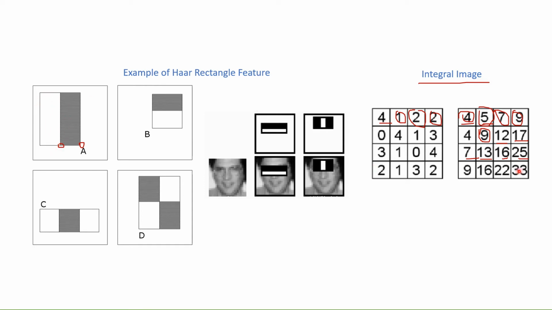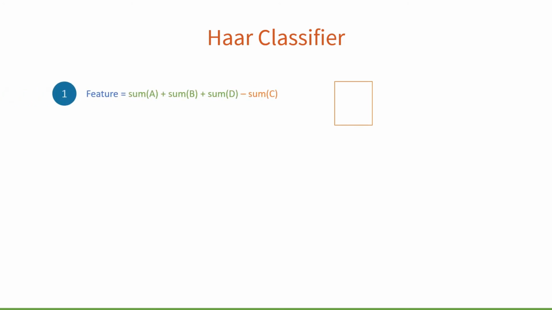So now we have seen what a Haar-like feature is. Like this, we'll take around 1000 plus Haar-like features by a simple integral image. Let's see the Haar classifier. We have seen what a Haar feature is: it is nothing but the sum of boxes, where we add the white boxes and subtract the black boxes.